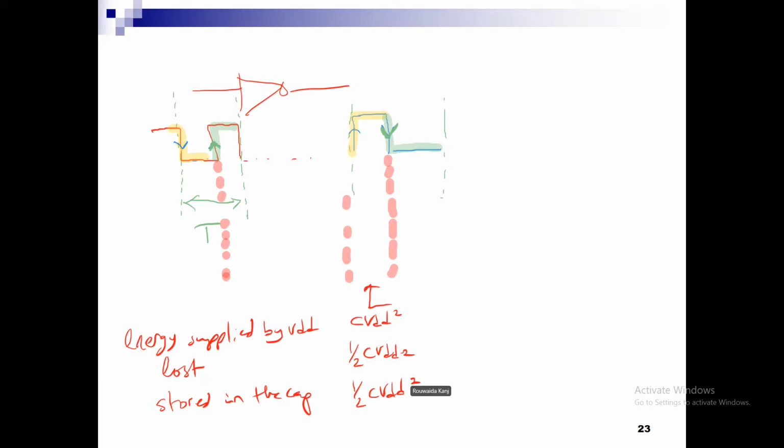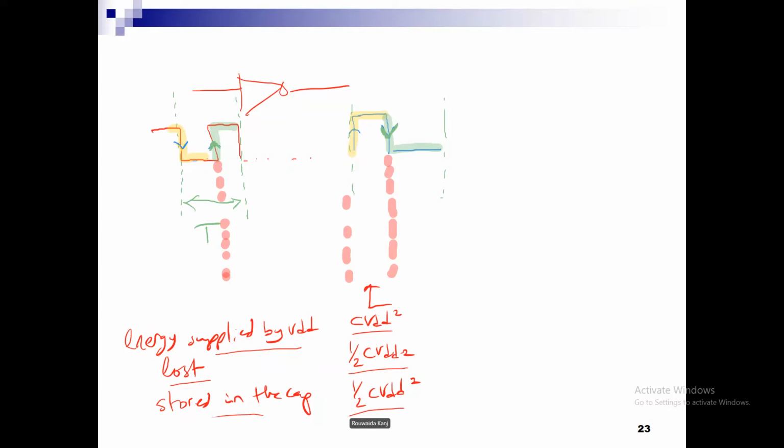So when the input went low and the output went high, the energy supplied is CVDD squared, the amount lost is half, and the amount stored is half.